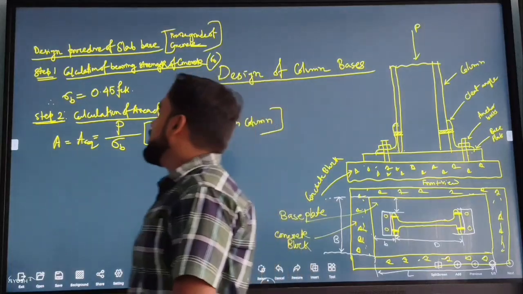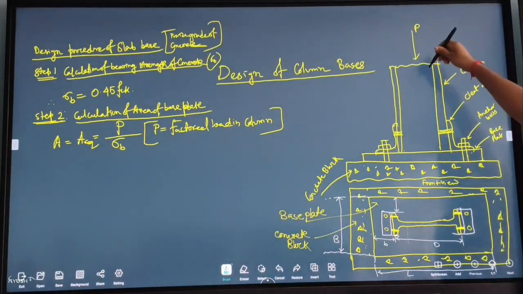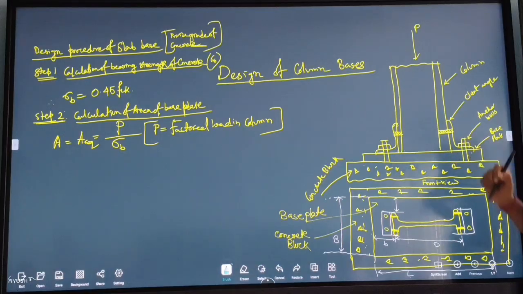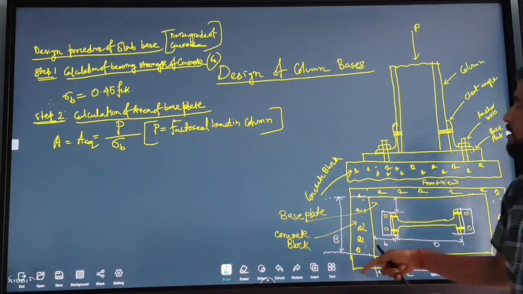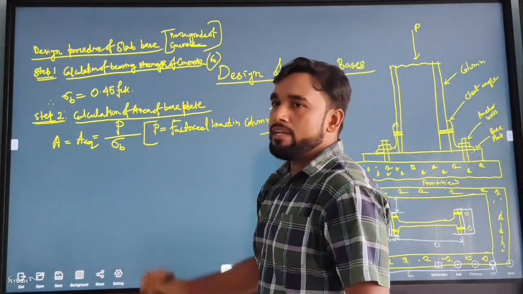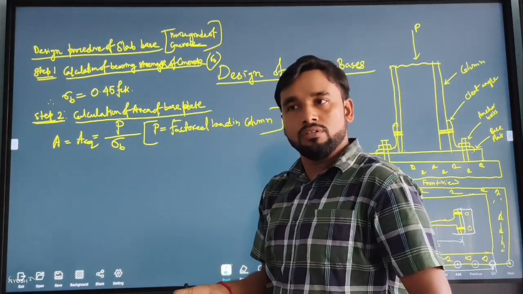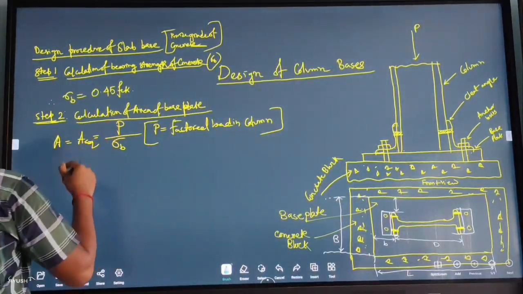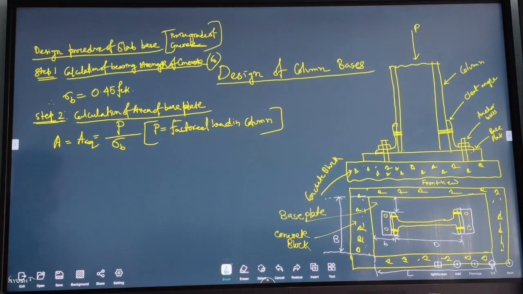So area required, because of the amount of load which comes from column to base plate in respect to the concrete block. Area required A is equal to your load divided by bearing pressure of concrete. That is nothing but the area required to resist that load. So A required is equal to factored load P by bearing strength of concrete.